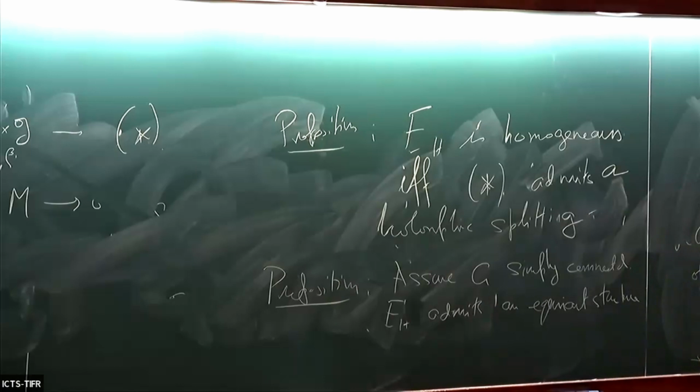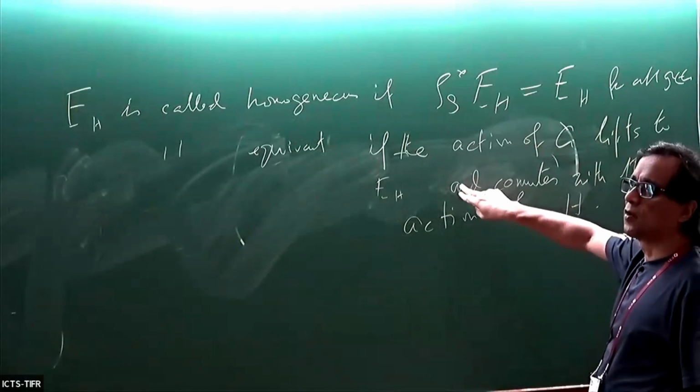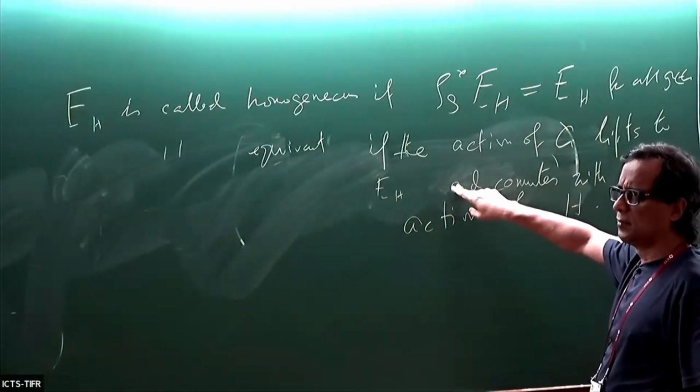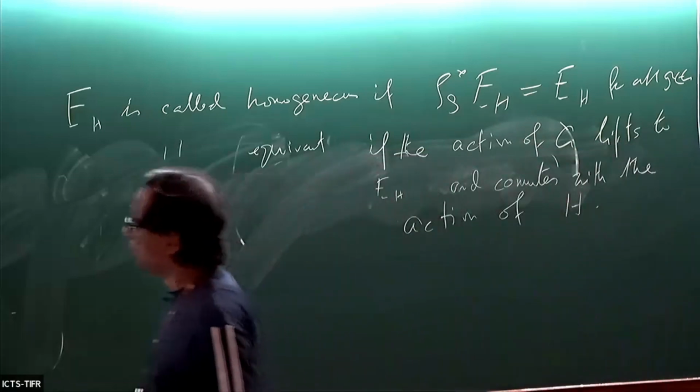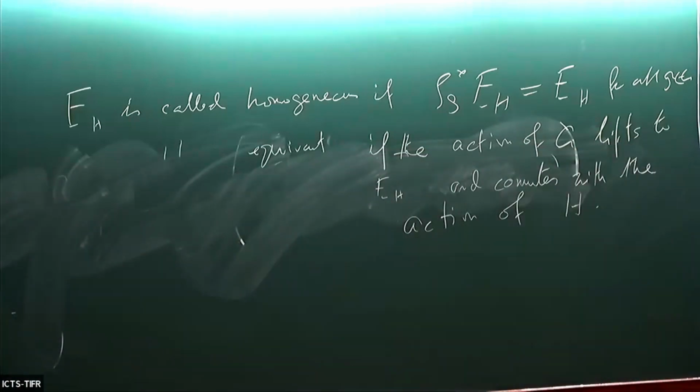Of course, equivariant implies homogeneous, because the action lifts. For each element, using the action, the pullbacks become isomorphic. So this is a stronger condition than the pullbacks simply being isomorphic.